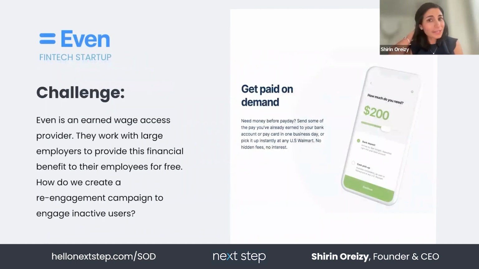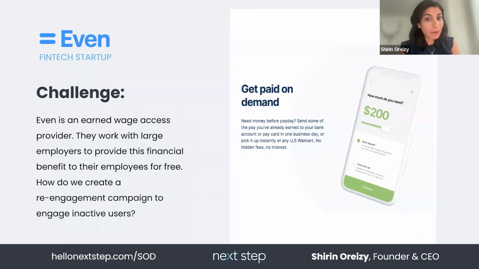Some examples of this that we've used for our clients. One was for a financial technology client of ours that does what's called earned wage access. What that simply means is that they work with very large employers to provide a financial benefit for their employees.